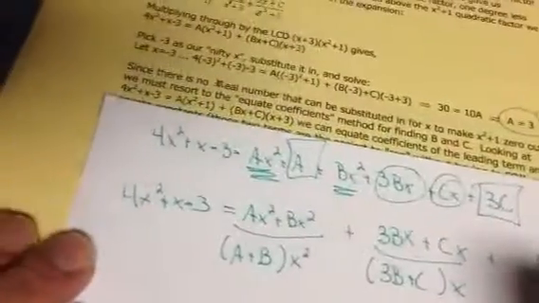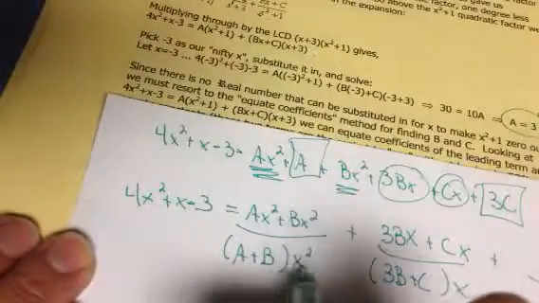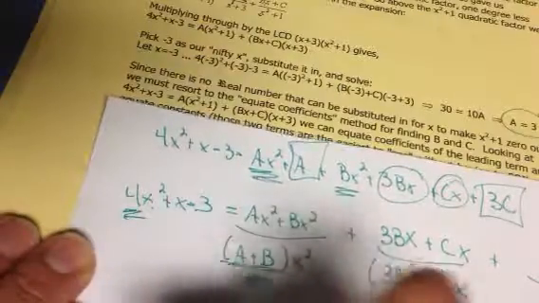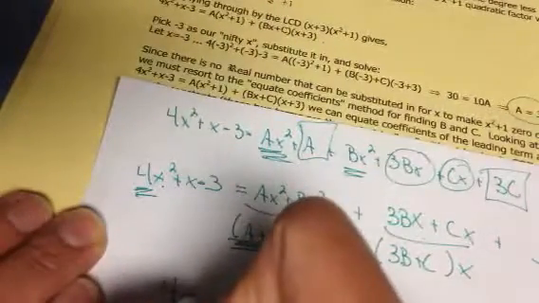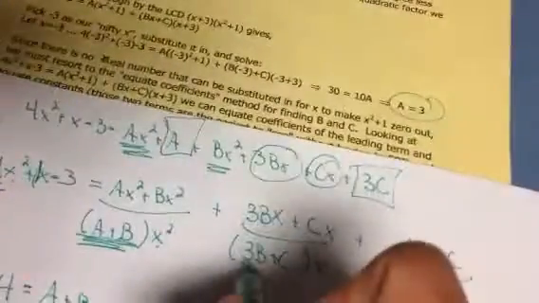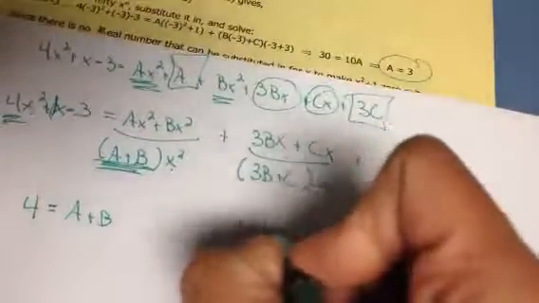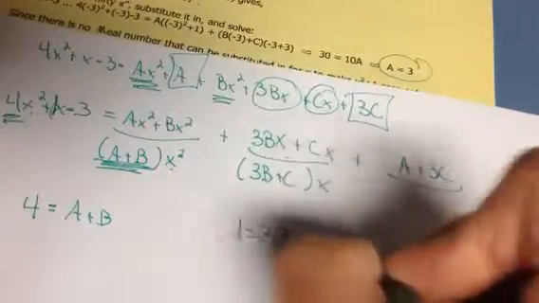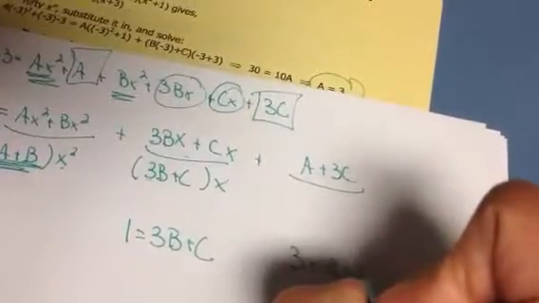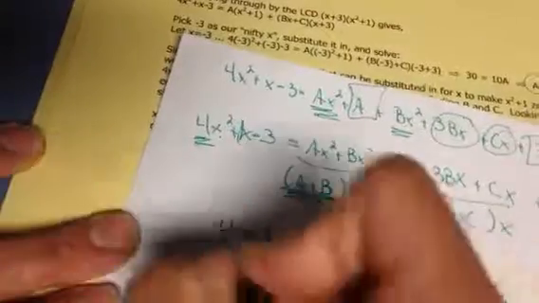Okay? So now what she's doing is she realizes that if this is x squared, then this 4 has to be the same as a plus b. And this 1 that's here has to be the same as this. And that the 3 here has to be the same as this. So we're going to go back to the fact that she knows that a is 3.